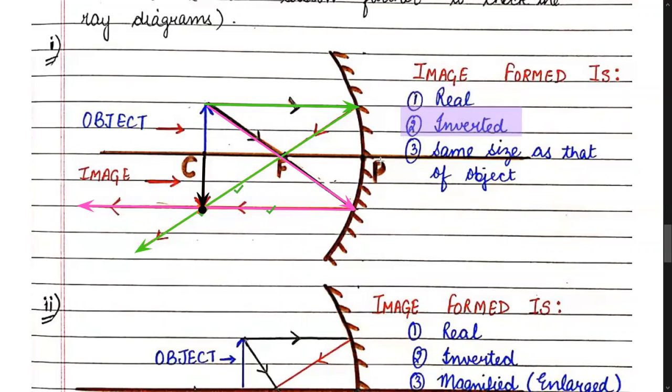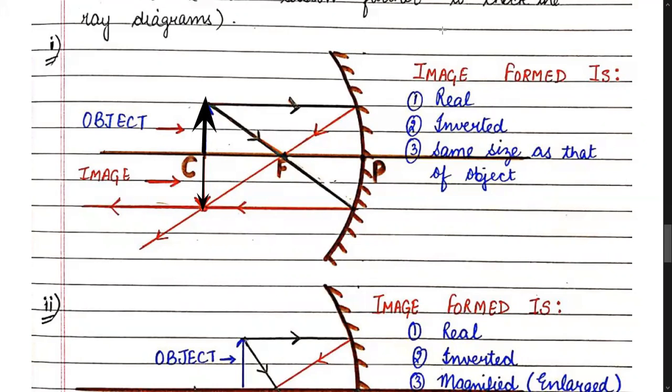And the best characteristic here is the size of the object. If you see the diagram which I have drawn, I have taken the object of height 2 lines of your notebook, and see the image. The height of the image is also 2 lines of the same notebook. So what can I conclude from here?